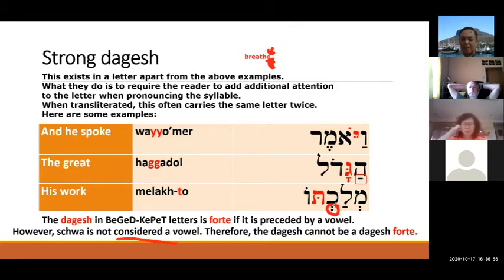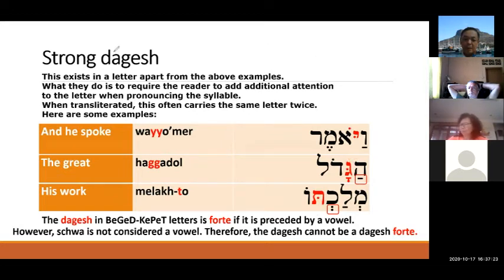If you want to consider it as a vowel, you can, but it's a very faint E vowel. So this is basically how you determine whether it is a Dagesh lene, in this case, or a Dagesh forte.